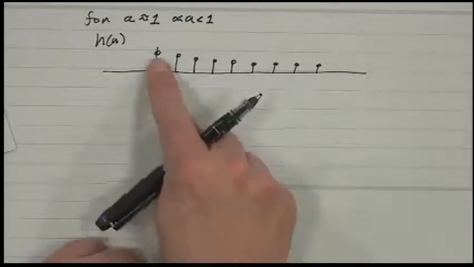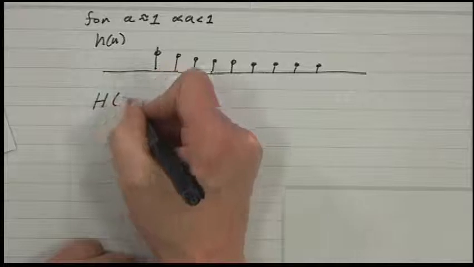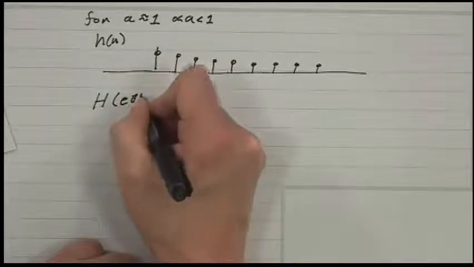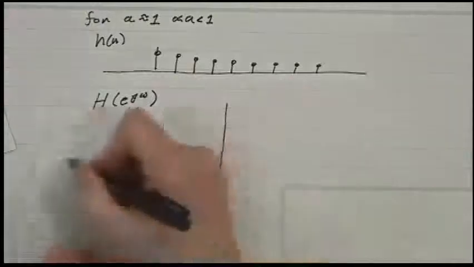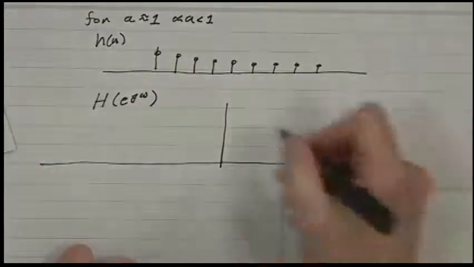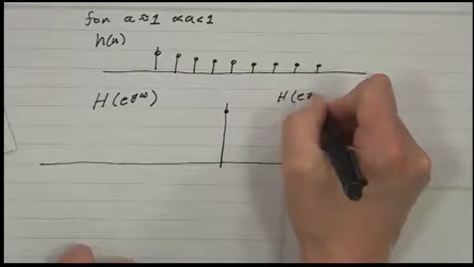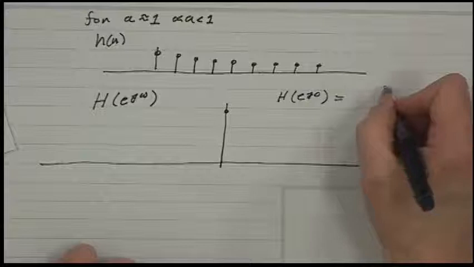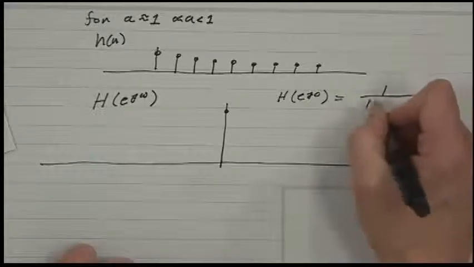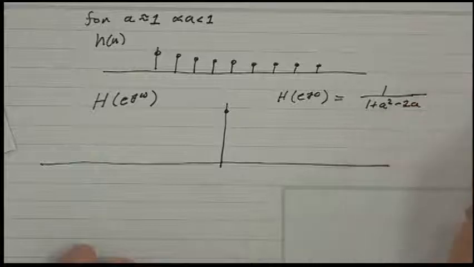So if that decays very slowly, what do you know about h of e to the j omega? Well, first of all, at 0, h of e to the j 0 is going to be equal to, we calculated, 1 over 1 plus a squared minus 2a.